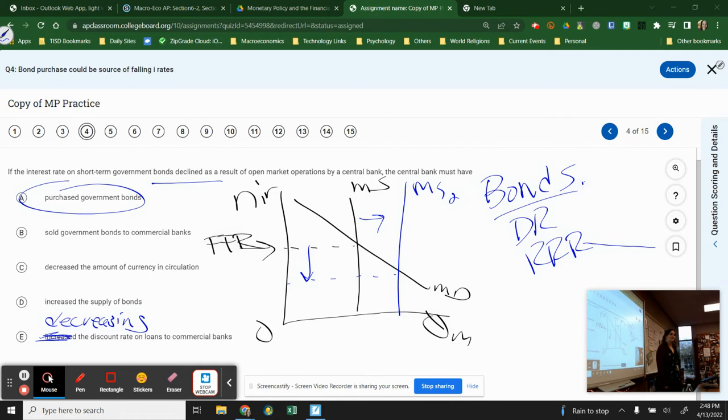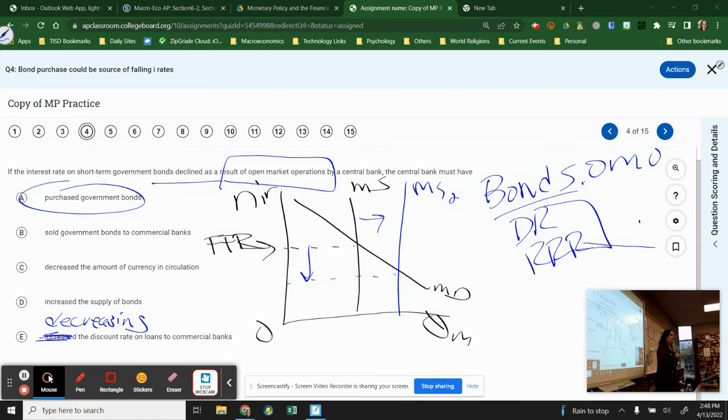Careful. I'll give you a hint. No. But what does this say? As a result of open market operations. Open market operations is OMO, which is bonds. The other tools cannot be an answer choice.